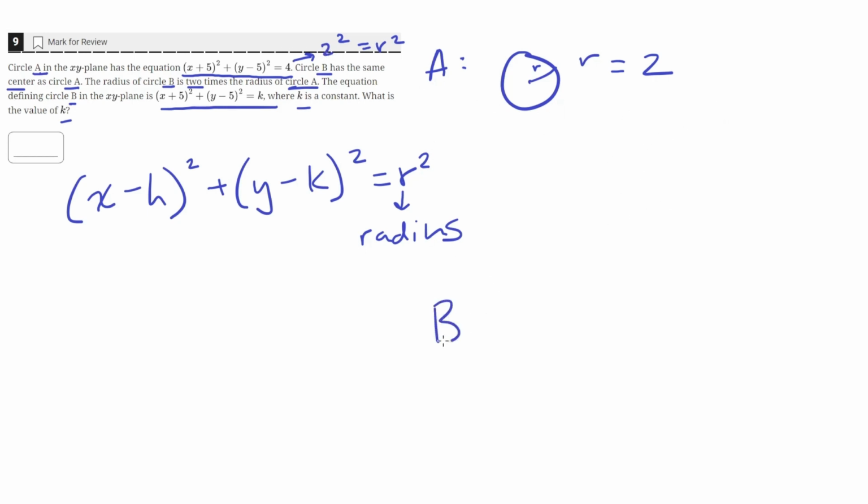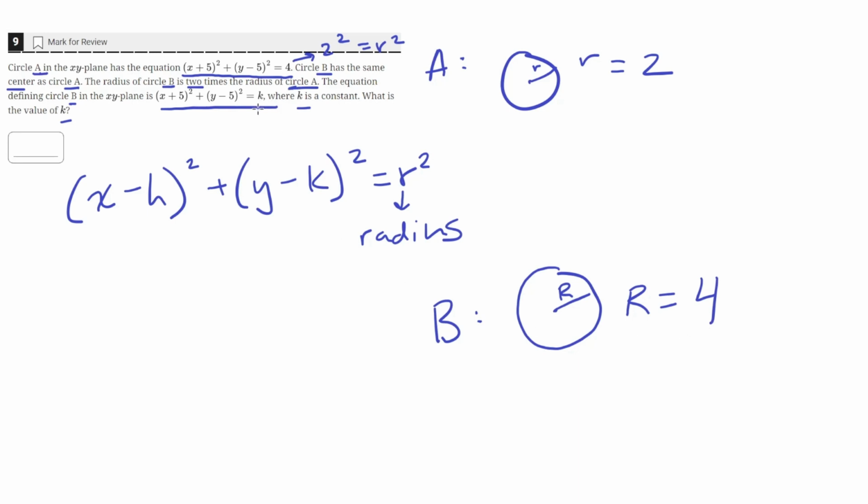And then circle B is a circle with the same center. Here, let me draw a better circle. But its radius, let's call it big R, is twice the radius of circle A. So the radius is 4.